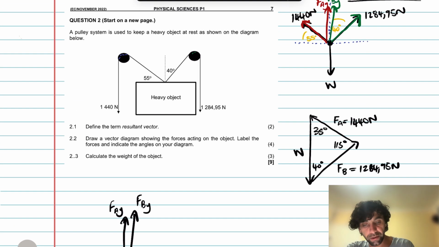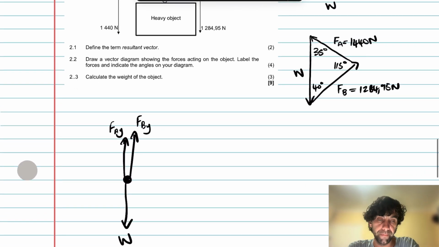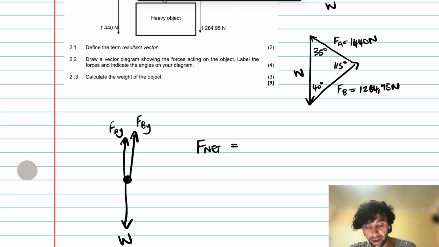That means that because the system is at rest, the sum of my forces, the net force, in this case acting in the y direction, is going to equal 0.